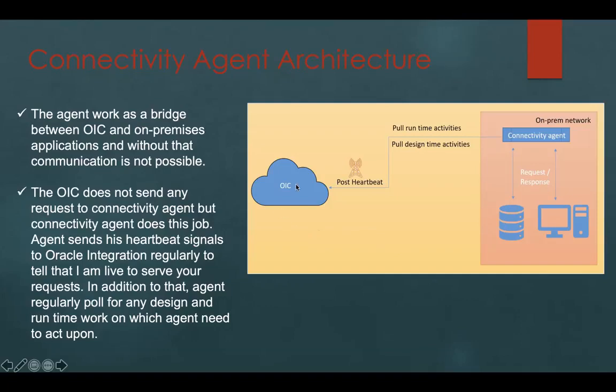And then the connectivity agent will take that request and will try to establish the communication. Similarly, when your integration is up and running, then also during that runtime, OIC needs to work with the application. So that work will also be taken by the connectivity agent and will send your message from here and there.